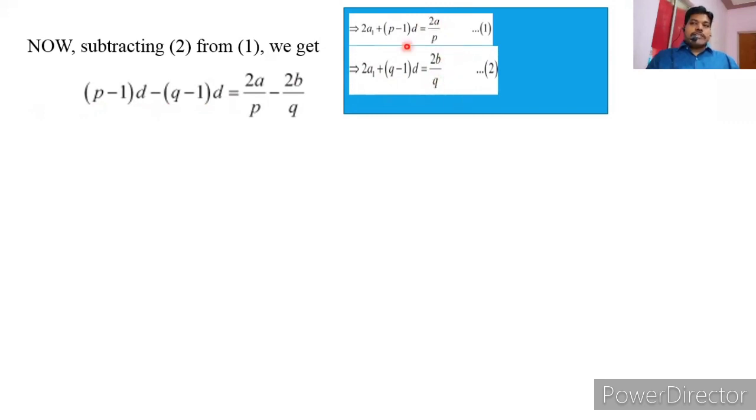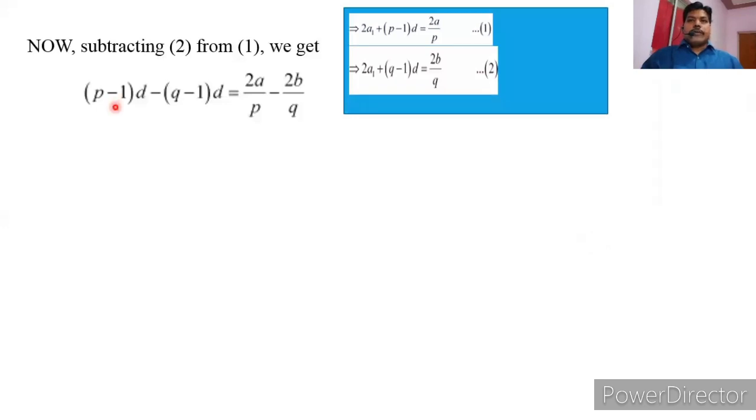All are understood, students? So 1 minus 2 gives p minus 1 into d minus q minus 1 into d, equal to 2a by p minus 2b by q.